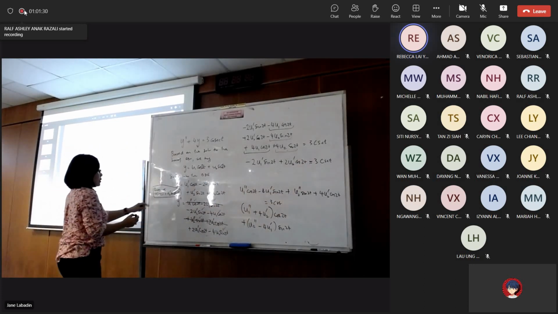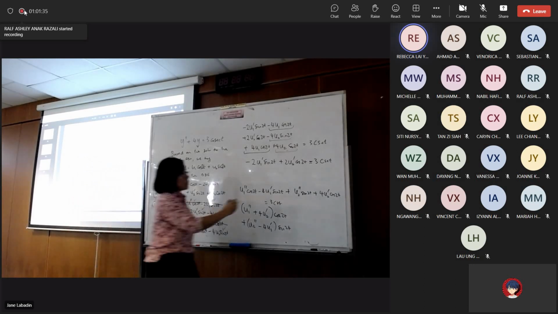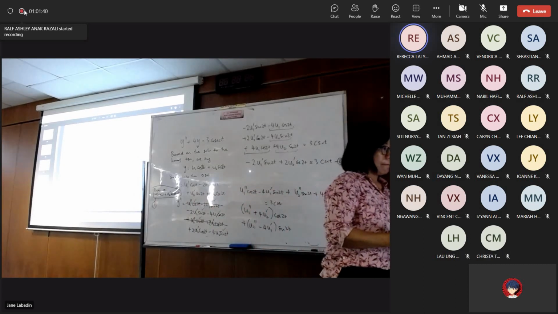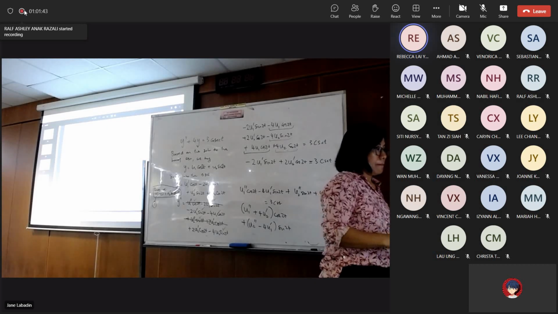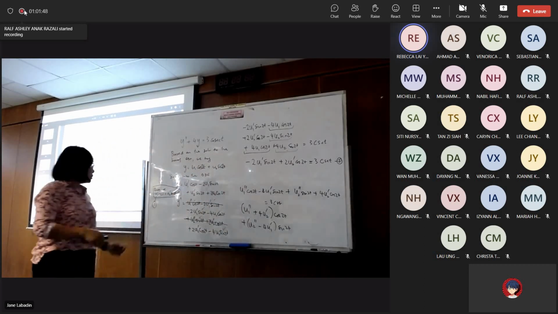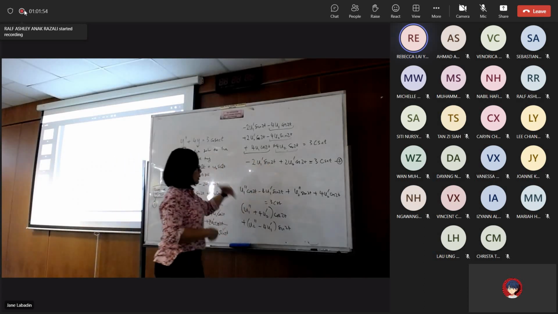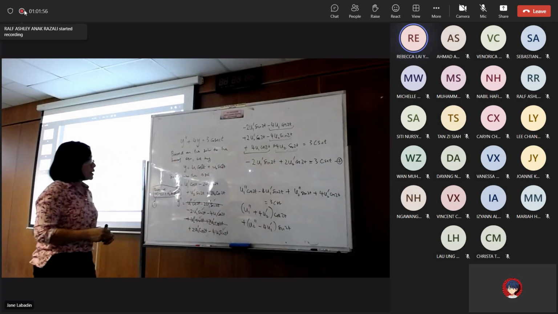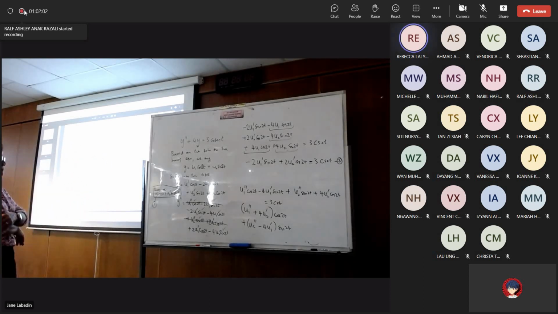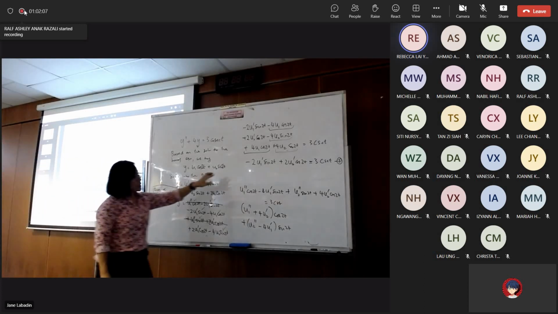So we have first equation. This is our first equation. This is our second equation. Okay, so this is first equation, the requirement just now, and this is second equation. Then you can solve for u1 prime. This one is plus, this one is minus.